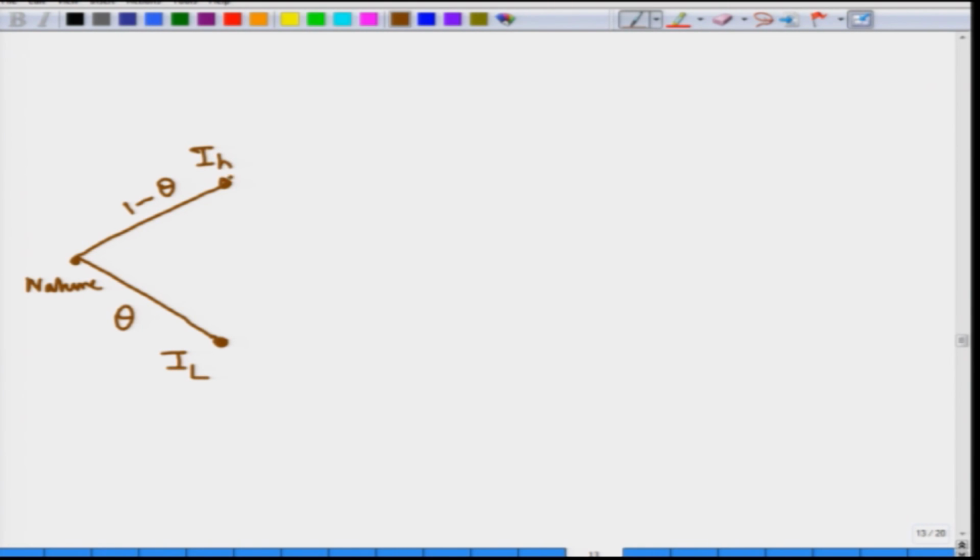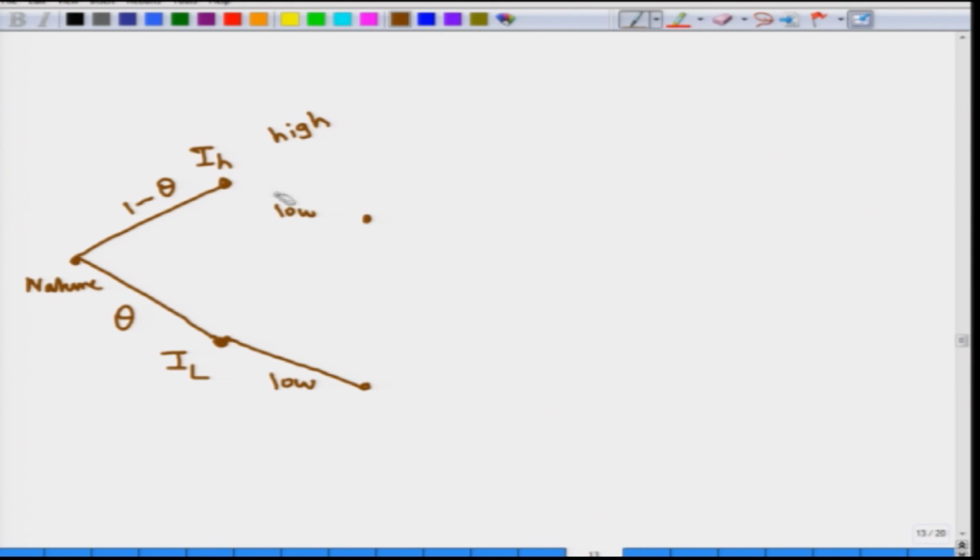Well, the high cost firm can either choose a high price or a low price, can choose either a high price or can choose a low price. The low cost firm essentially can also choose a low price or a high price, but as will be clear later, the low cost incumbent has no incentive to charge a high price. So, we will just say the low cost firm charges a low price, right.